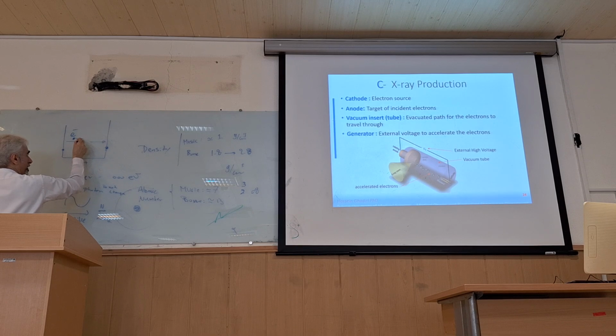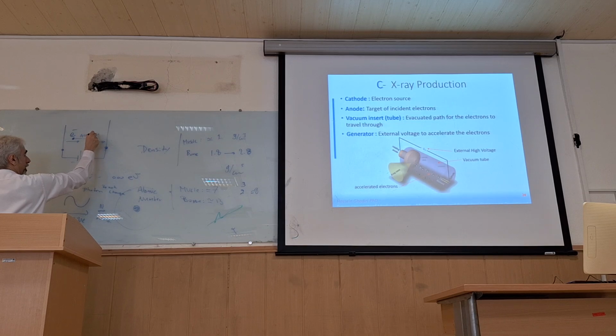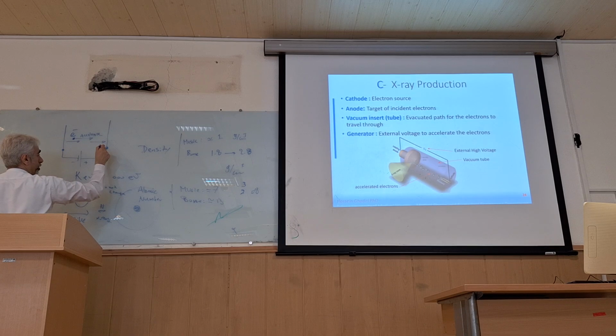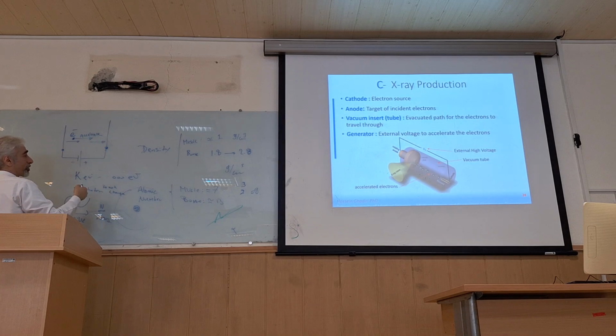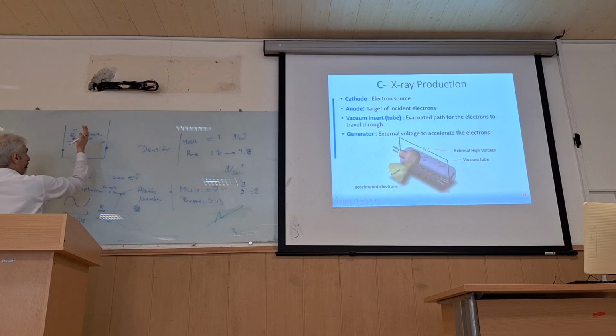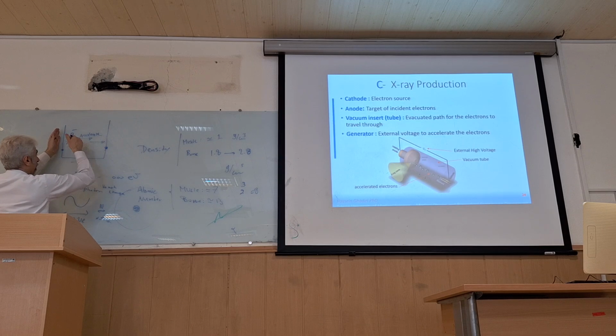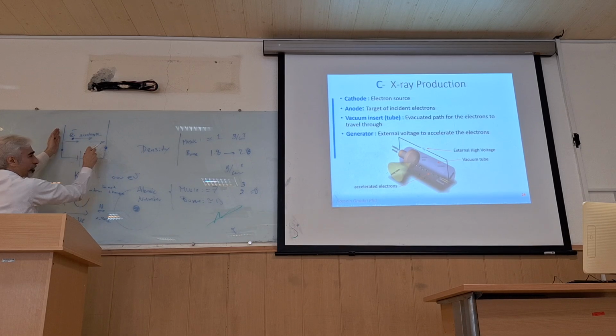So the electron starts to accelerate. Because the minus repels the electron and the plus attracts the electron, in the polarity of the minus and plus, the electron will move.